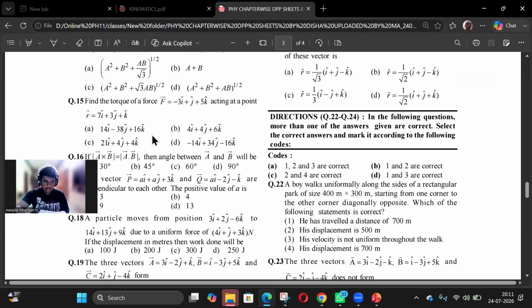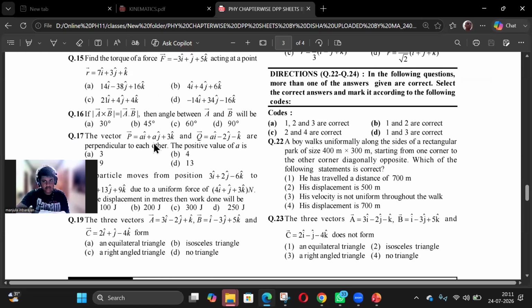Question 15, I know this one. Determinant. It asks to find torque, given the force vector. Determinant.